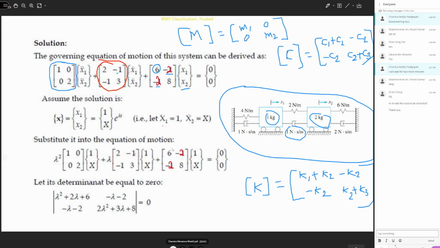Now we assume the solution in the standard format: x1, the displacement of the first mass, we take as X, the amplitude, times exponential power lambda t. To solve this expression, lambda square Mx plus lambda Cx plus Kx should be 0.